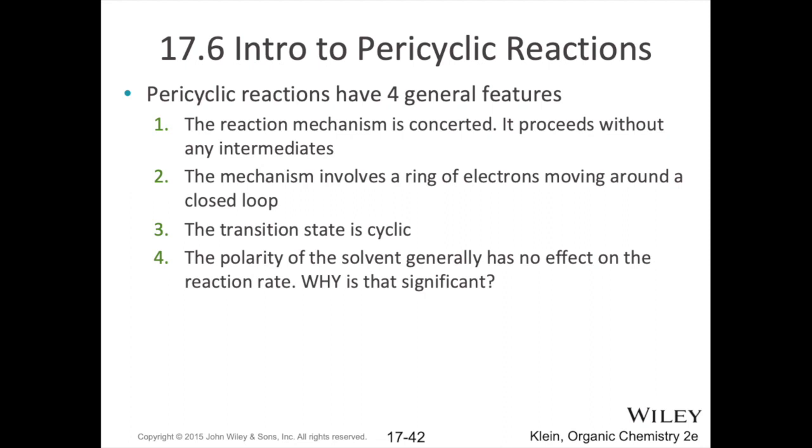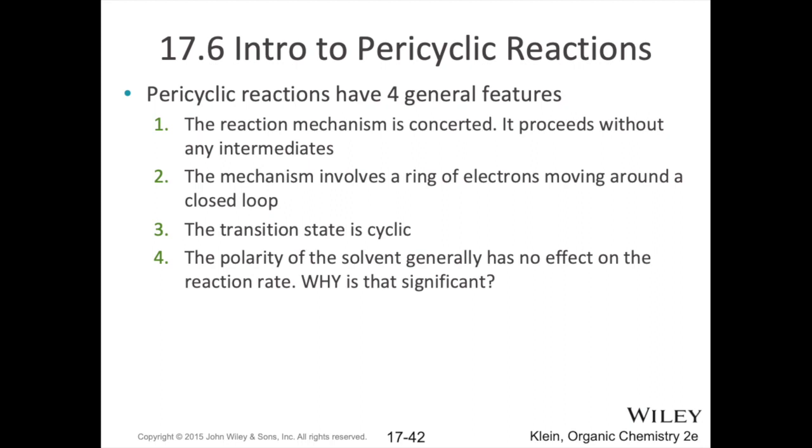Now, that one step involves a ring of electrons moving in a closed loop. That means that the transition state you're going through is going to be cyclic. So I guess 2 and 3 are kind of similar points. And then, generally speaking, the polarity of solvent has no effect on the reaction rate.